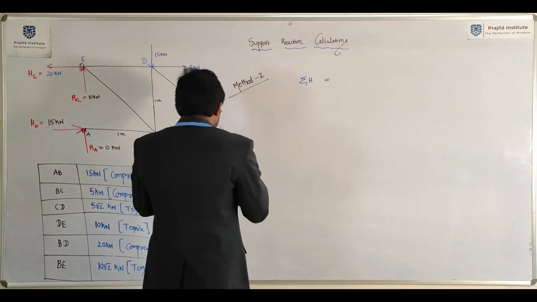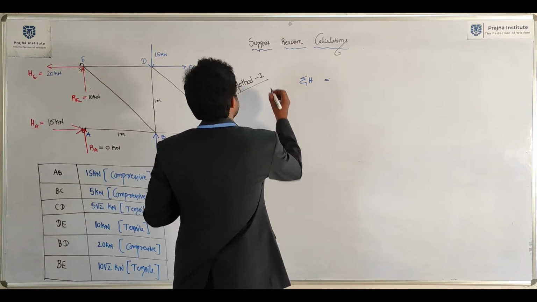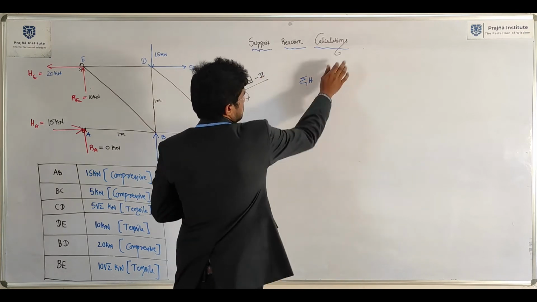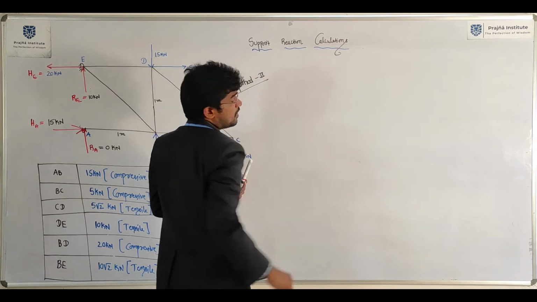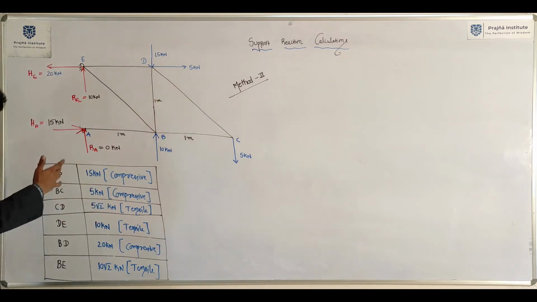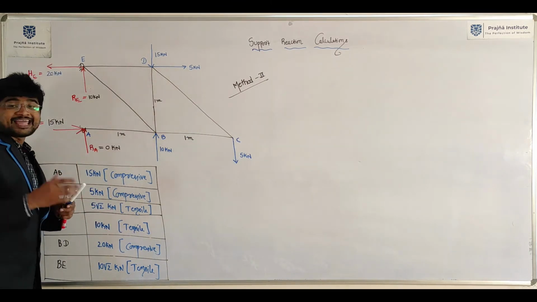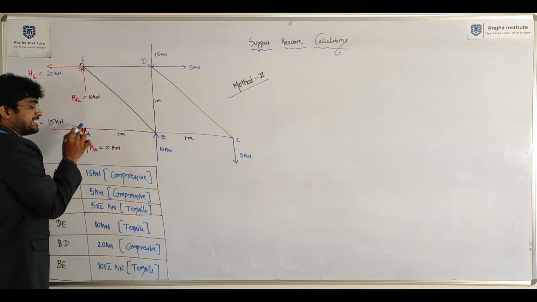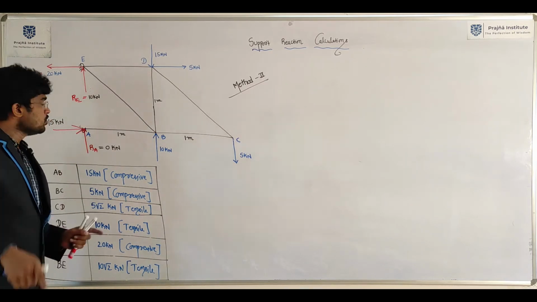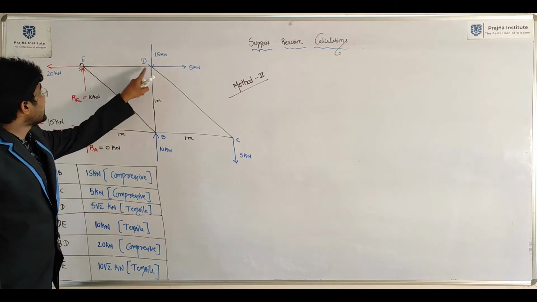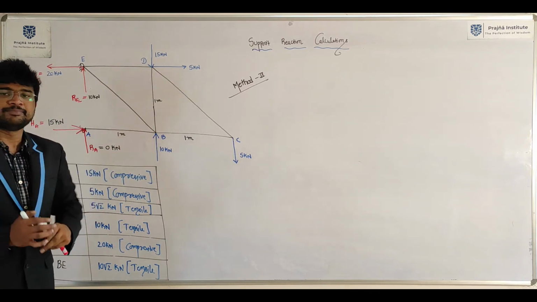Now apply method 2 to determine support reactions. In method 2, there is no need to apply free body diagram at the joints. To apply free body diagram at joint A, first you should know the force in member AB, member ED, and member EB.